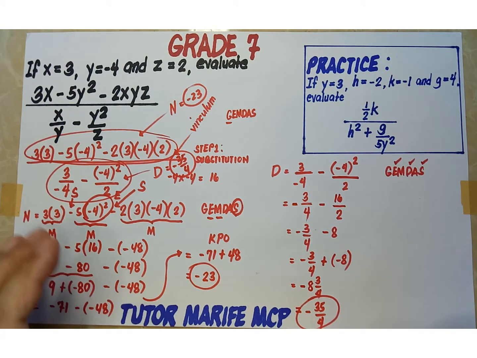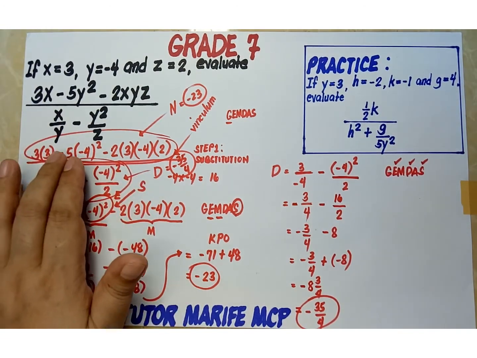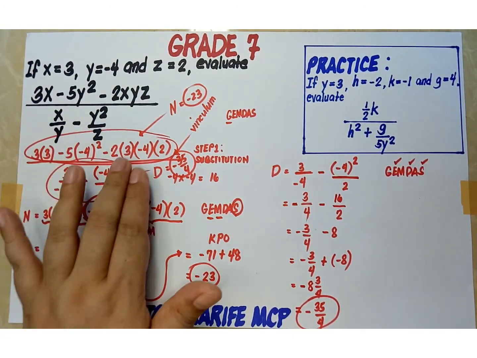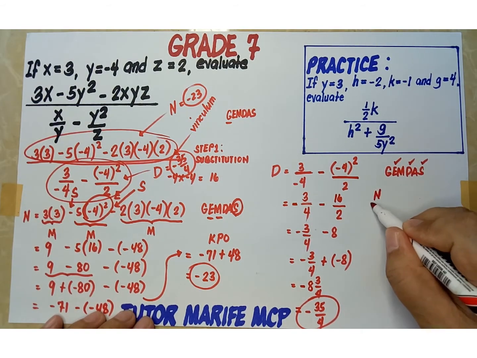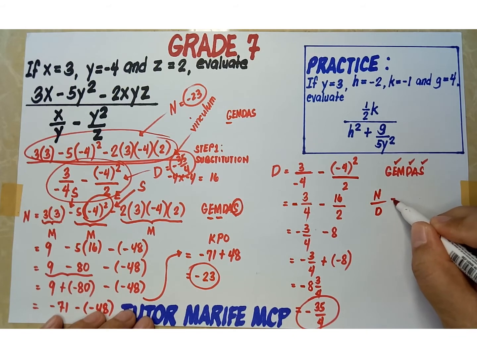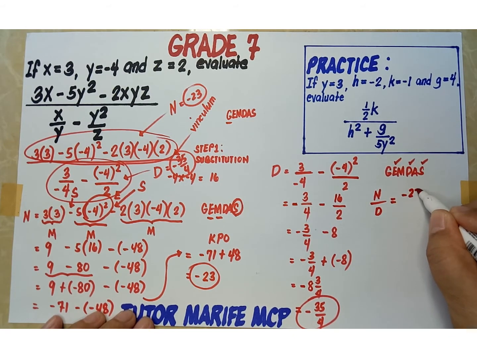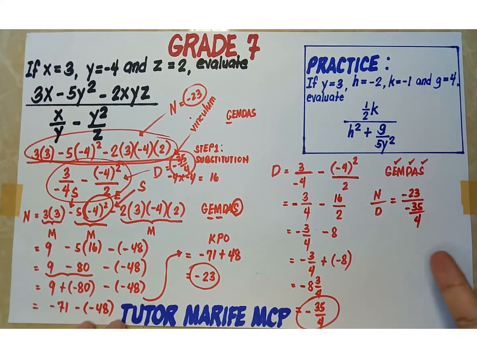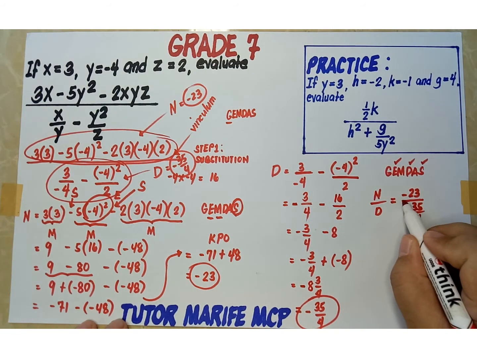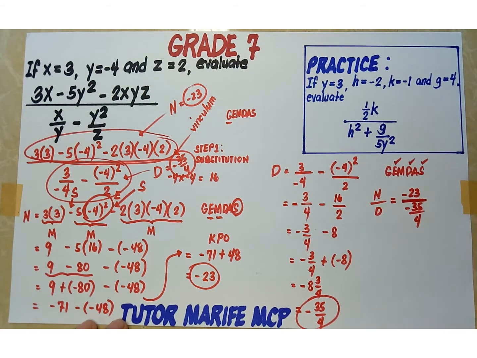Okay? So, yung complicated algebraic expression natin ay naging ganito na. Numerator over denominator ay naging negative 23 sa itaas, yung ibaba, naging negative 35 over 4. So, naging simple problem na siya. Okay, this fraction line is division.